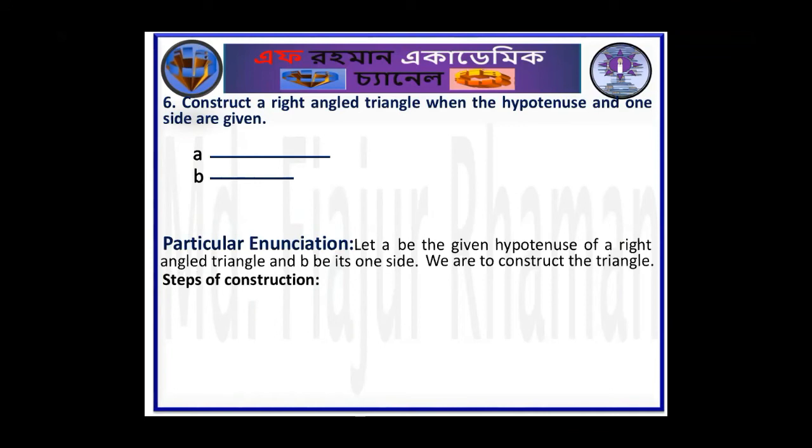First, we have to consider a ray AE. Then we should cut off AB equal to b from the ray AE.